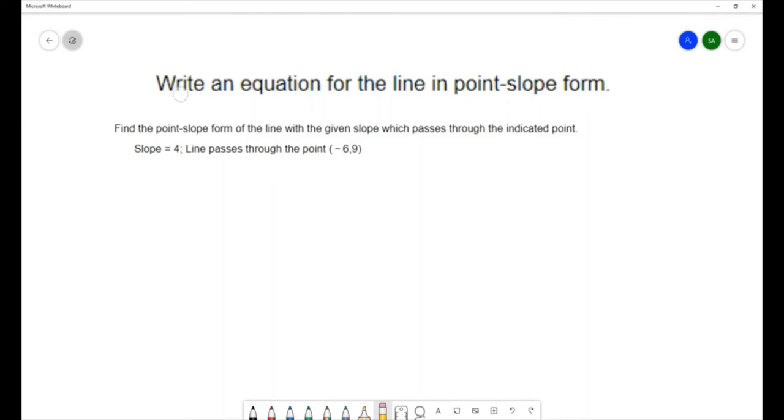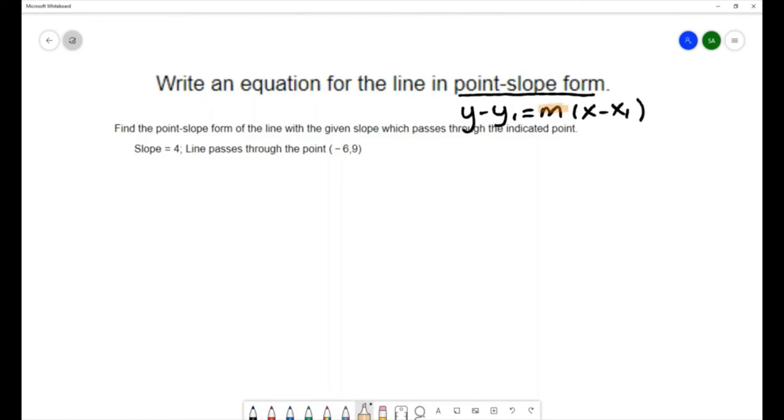This question says, write an equation for the line in point-slope form. Find the point-slope form of a line with the given slope which passes through the indicated point. We're given the slope is 4, and the line passes through the point negative 6, 9. Our point-slope form is y minus y1 equals m times x minus x1.